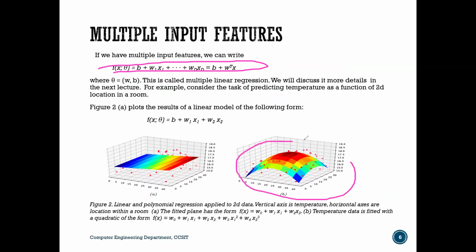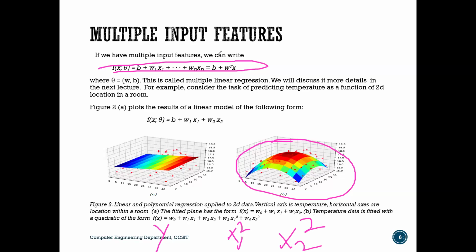Polynomial means a quadratic equation, where the output y involves x1 squared, then x2 squared. So the relationship is not linear, it is quadratic, meaning which plot you have to make to analyze your data and extract the feature.